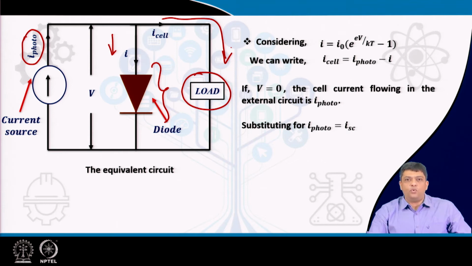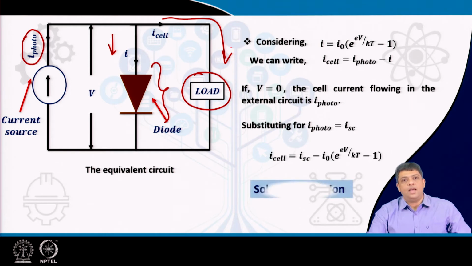So, if you substitute I photo as I short circuit current, then you get I cell is equal to I short circuit current minus I0 into e raised to the power of eV by kT minus 1, and this gives you the solar cell equation and also gives you the mathematical formulations to determine the current which will be flowing through the cell.